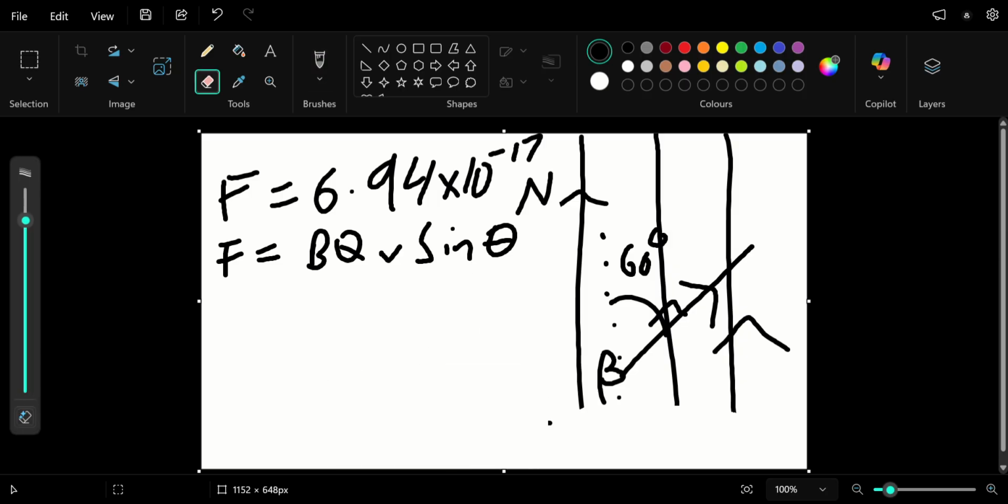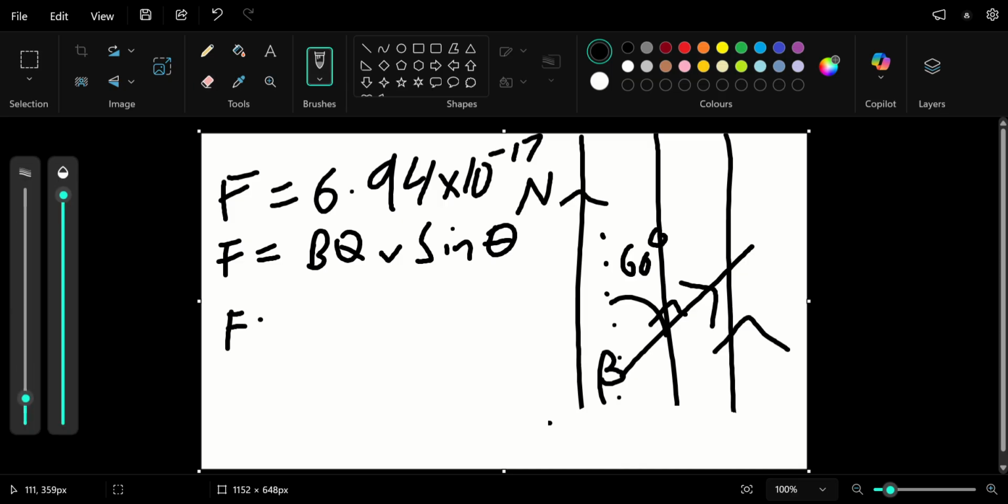So we know that sine theta has to equal 1 for F to be a maximum. So plugging all the numbers back in, we essentially just have F equals BQV, given that sine theta is now just going to be 1.